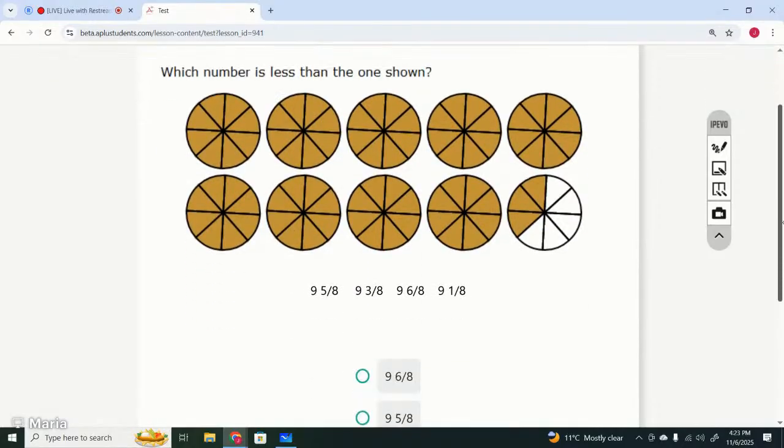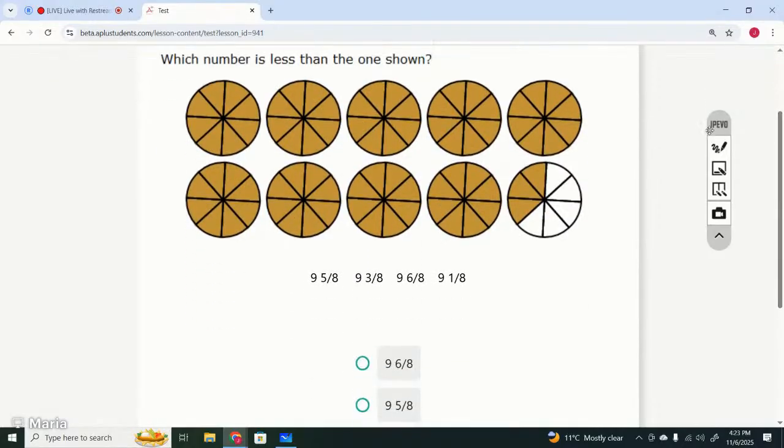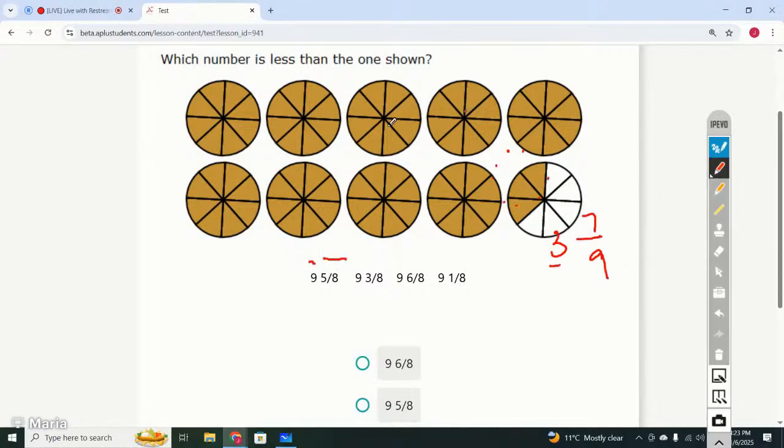Which number is less than the one shown? 1, 2, 3, 4, 5, 6, 7, 8, 9. 9 is the whole number. Then 1, 2, 3 portions of 8 are colored. That is 9 whole 3 by 8. We need to find the one that is less than 9 whole 3 by 8. So which number is it?